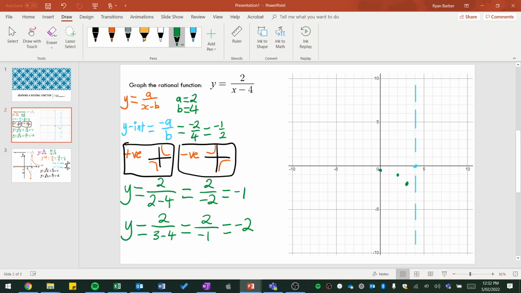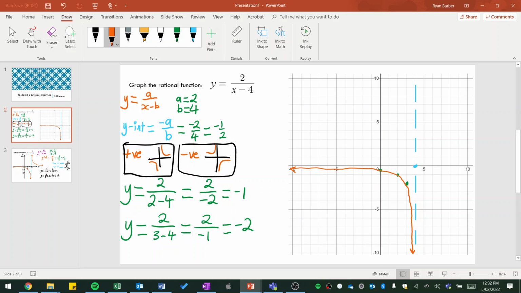From this, we do have enough to draw a sketch. So what I'm going to do is attempt to sketch it as well as I can, remembering that we're not touching the x-axis, we're just streaming in, and we're not touching that asymptote. It's going to look something like this.